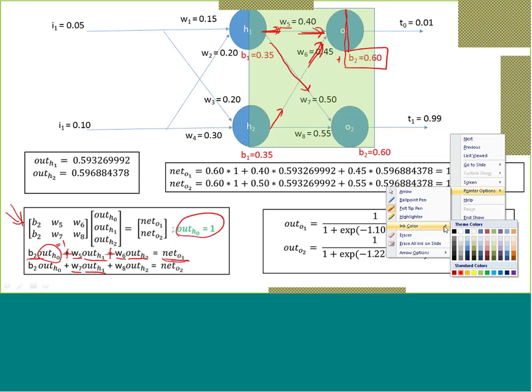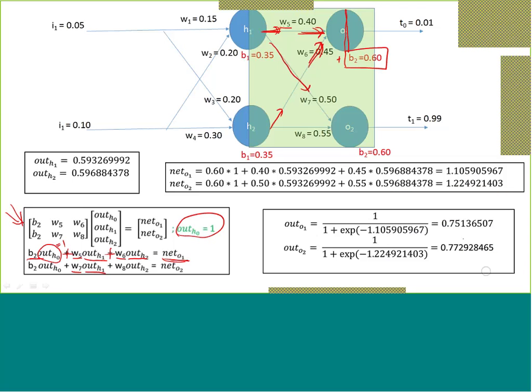And I am adding bias to it. This out H0 equals 1, so it will not play any role.